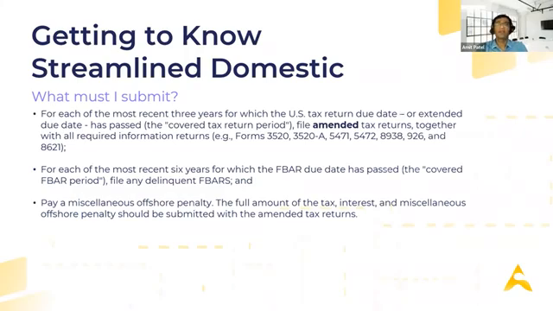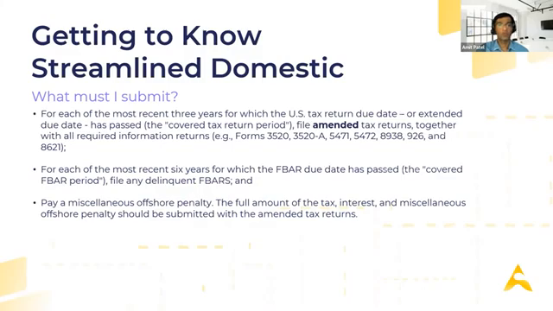If you are filing under the streamlined domestic compliance procedure, you will be filing amended returns for the last 3 years for which the due date has passed, or, if you filed an extension, the extended due date has passed, along with all the information returns we just saw. Form 5472 normally will not apply to individuals because it applies only to a foreign owner of a corporation. You can check that on the slide. All other forms can be applicable.